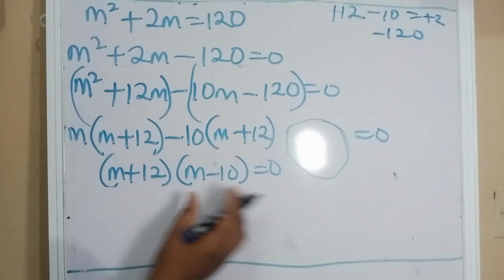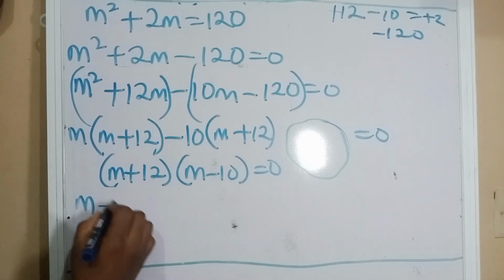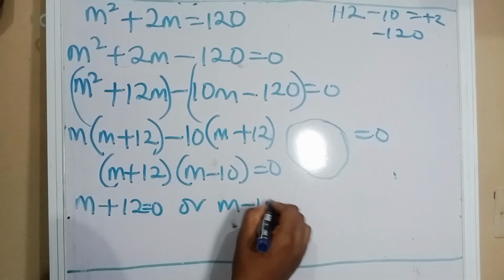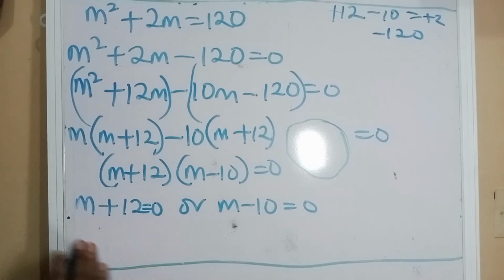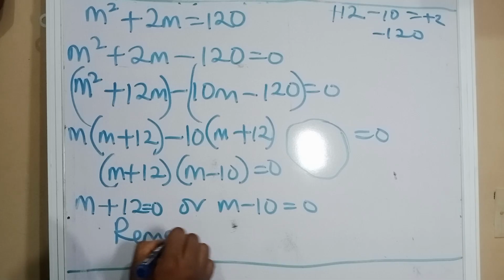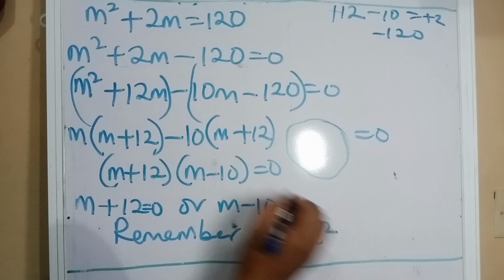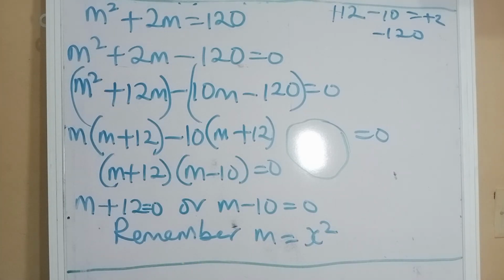Next thing, we have two equations now, so we can equate each of them to 0. Or, this gives us, okay, before we do that, remember that m is equal to what? x squared. So remember that m is equal to x squared plus 5x plus 4.